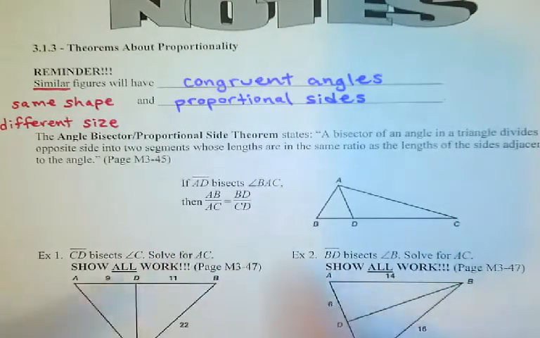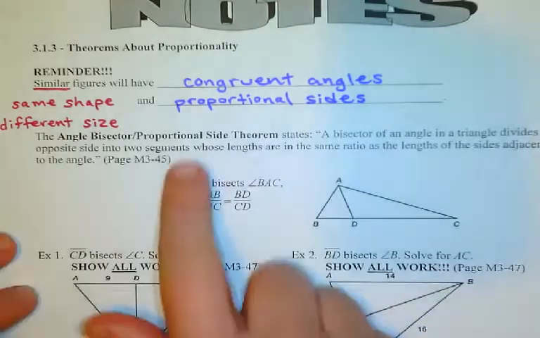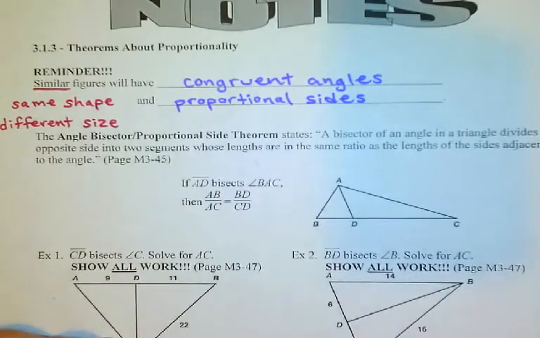Alright, so with that being said, we're going to take a look at some of these examples here, and then you guys should be good to go. Now, all of these are basically helping us set up proportions, setting up fractions that are equal to each other because of a specific relationship.